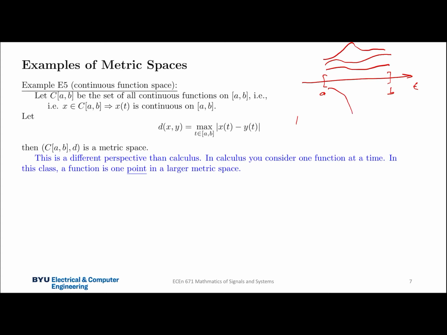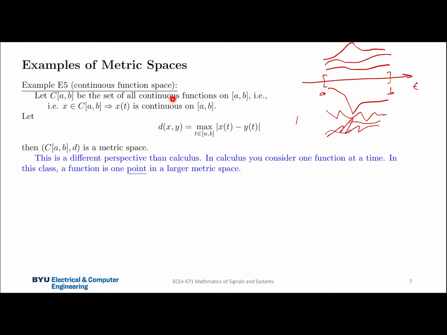Here's another one. This thing is a continuous function. Something like that would not be, so that's not an element of CAB. So CAB is the set of all continuous functions. In other words, if x is in CAB, then x of t is a continuous function on AB.